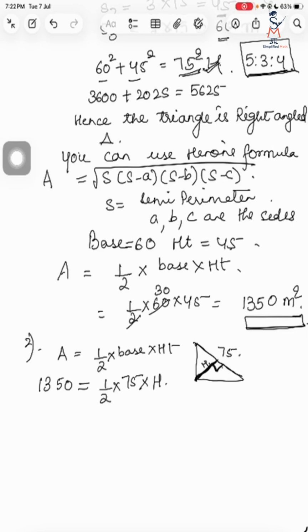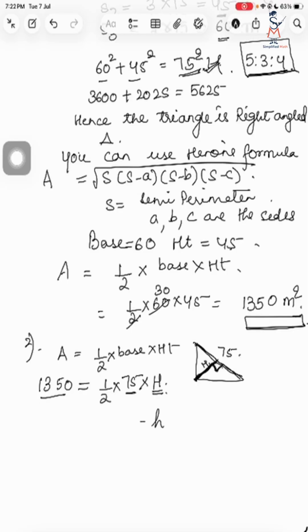Let the height be h, which we have to calculate. Height means altitude. So now the area will be the same because it's the same triangle. If I take base as 75 and height as h, then also my area will remain the same.